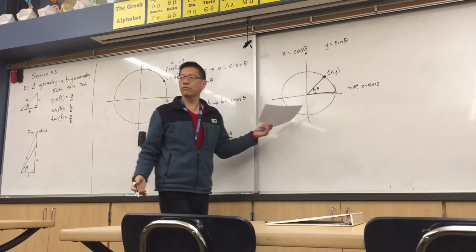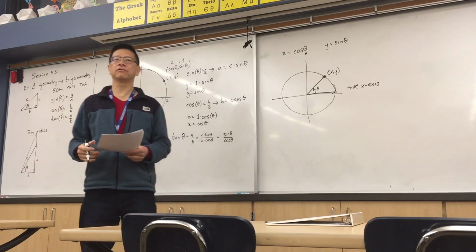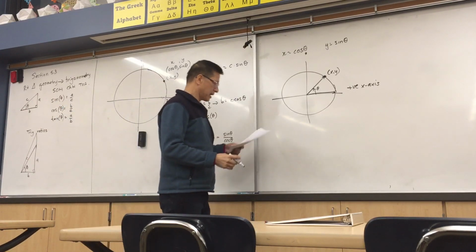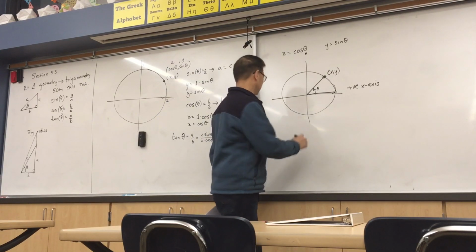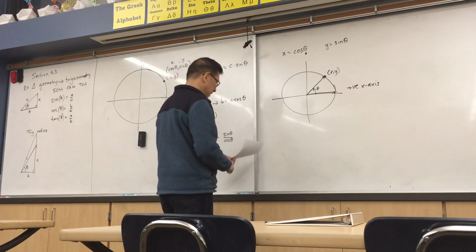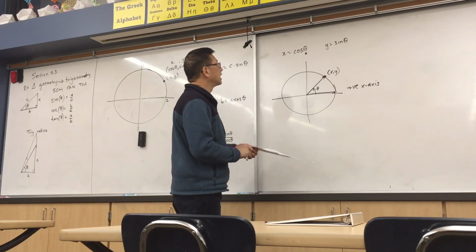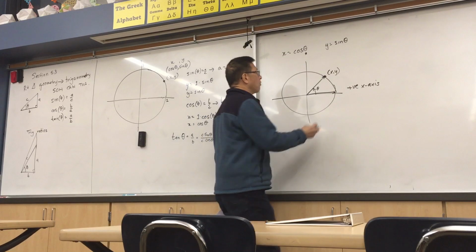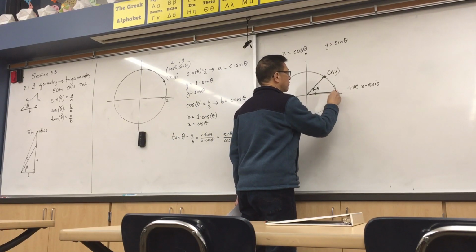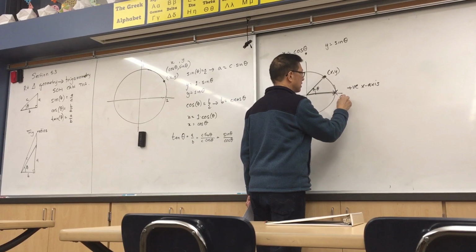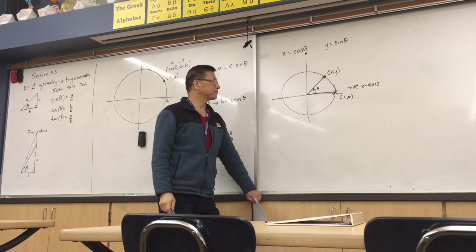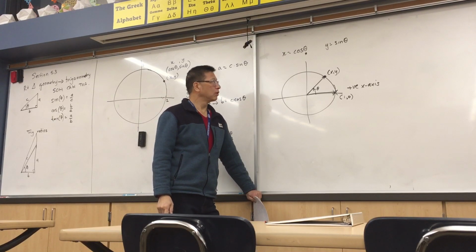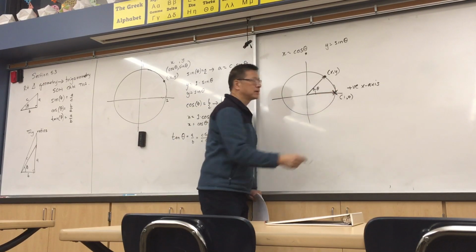So still no right triangles. We have abandoned right triangles. How completely have we abandoned right triangles? Well, let's take a look at this point. This point is supposed to be 1, 0, right? Well, what's the angle for this point here? 0.